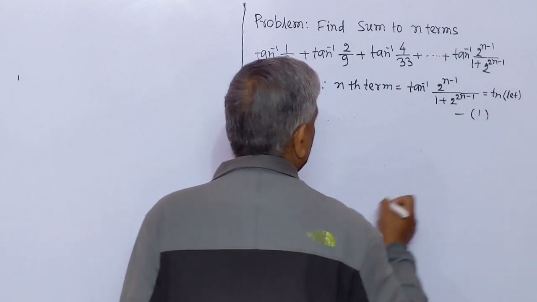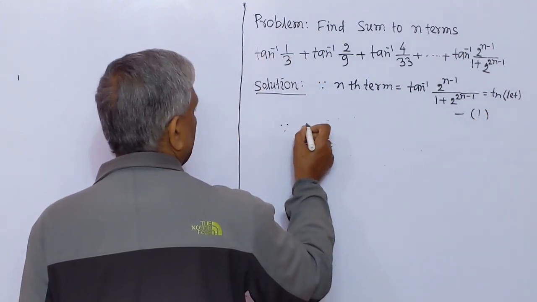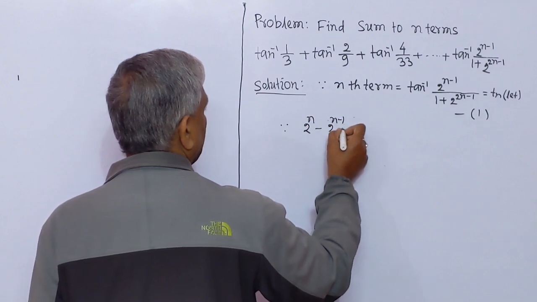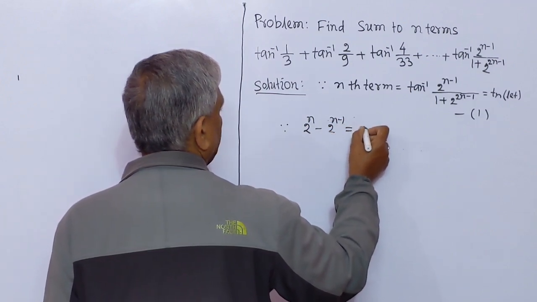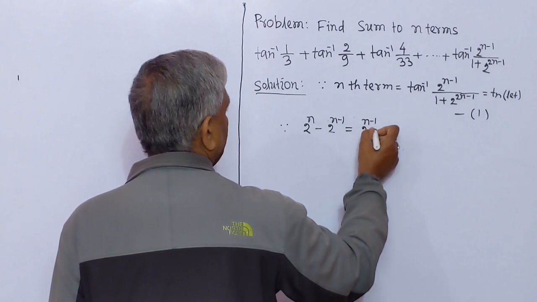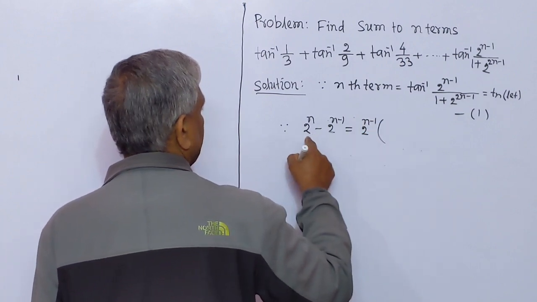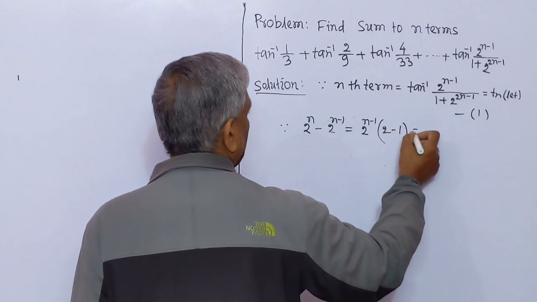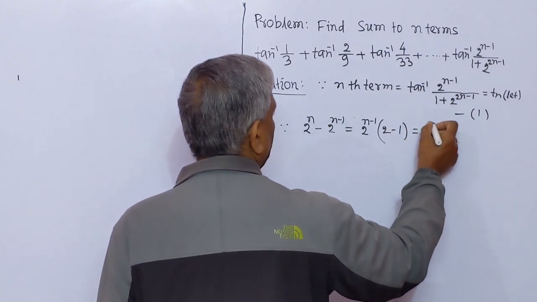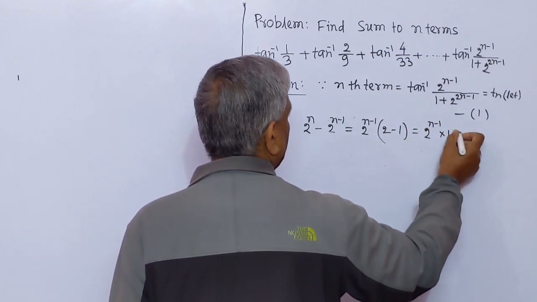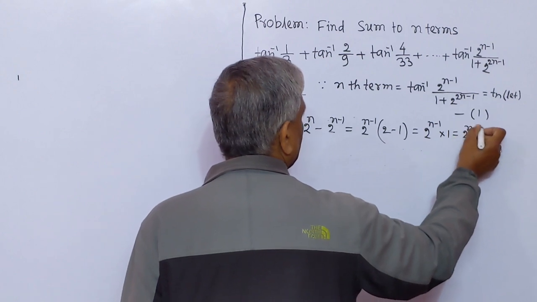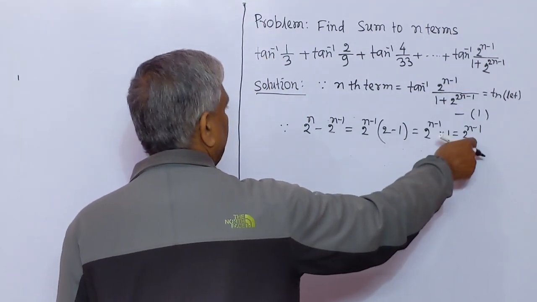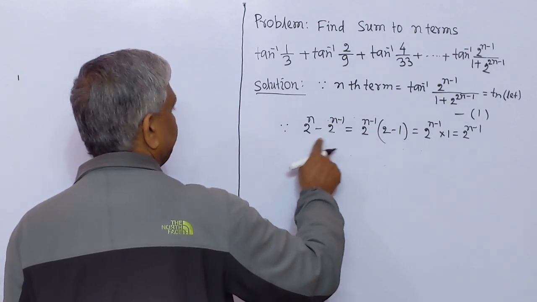Since 2 to the power n minus 2 to the power n minus 1 equal to, we take common 2 to the power n minus 1, remains here 2 and remains here 1. So this is equal to 2 to the power n minus 1 multiply 1, equal to 2 to the power n minus 1. So in place of 2 to the power n minus 1, we may write this left side.